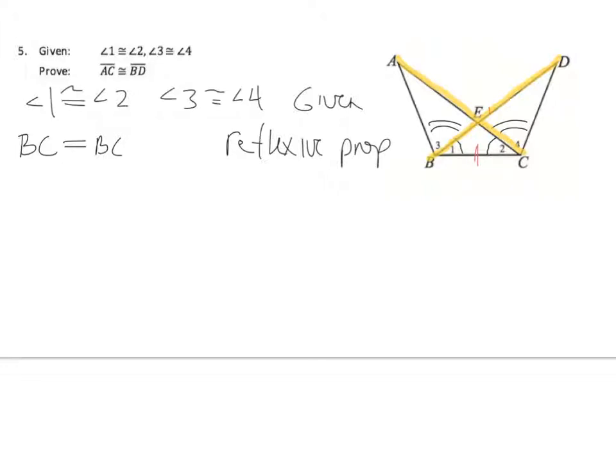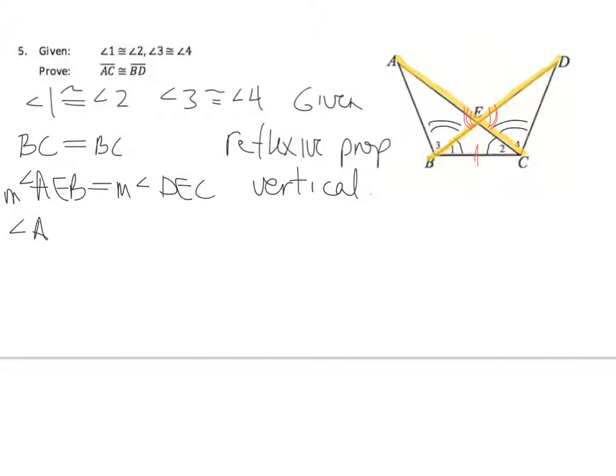Okay, I know that these angles are congruent because they're vertical. So let's say that. Angle AEB, so the measure of AEB is equal to the measure of angle DEC because they're vertical. So now I can actually say that angle A is equal to angle D.